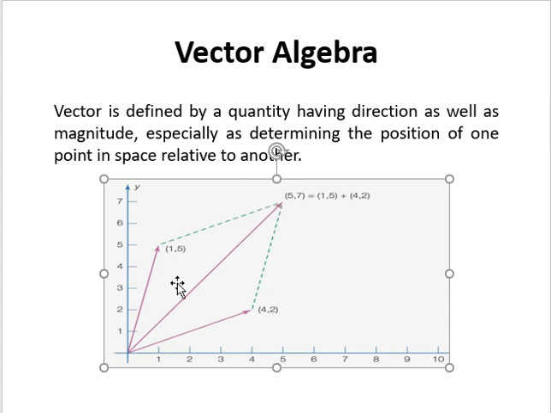So this is another definition of a vector. Or simply, to denote every vector point in this plane, we can denote (5, 7), (4, 2) or (1, 5) by a paired number, represented by 4i plus 2j, 1i plus 5j, 5i plus 7j.